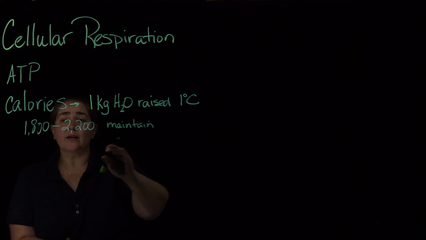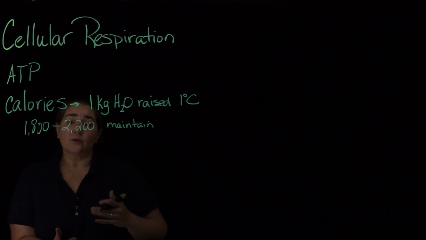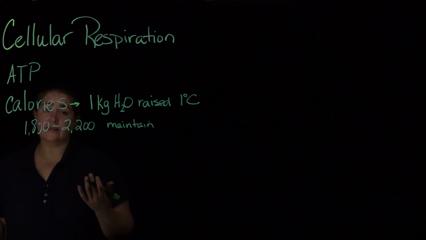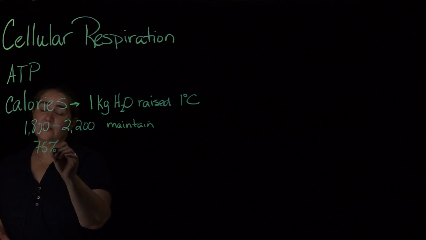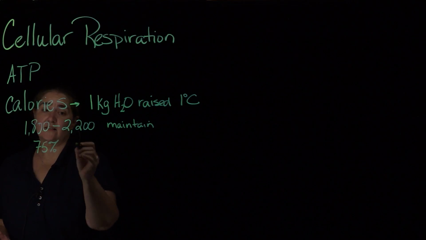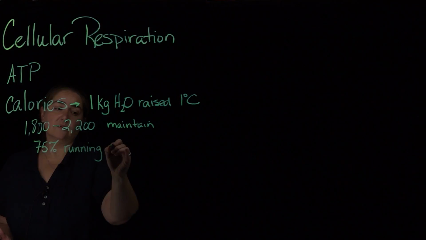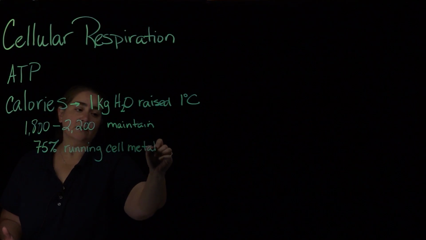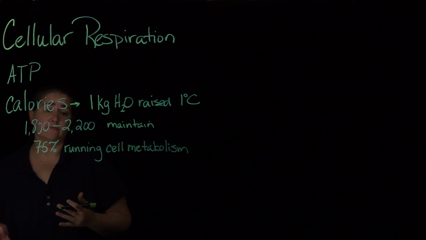If you want to lose weight, this is where you have to take in fewer calories. Also increase exercise, okay? And of these calories, 75% of what you take in is going to run cell metabolism and other reactions within your body.